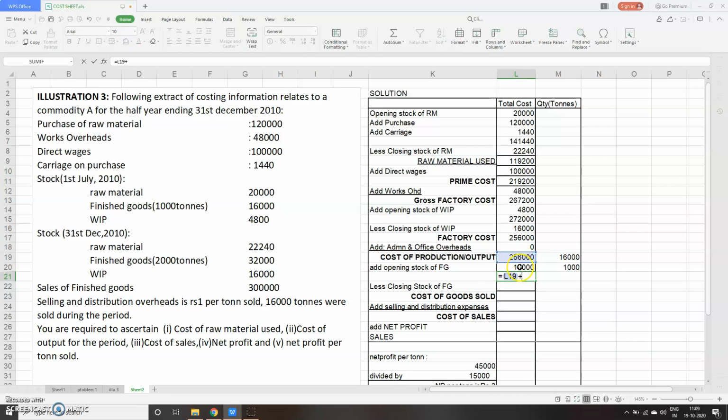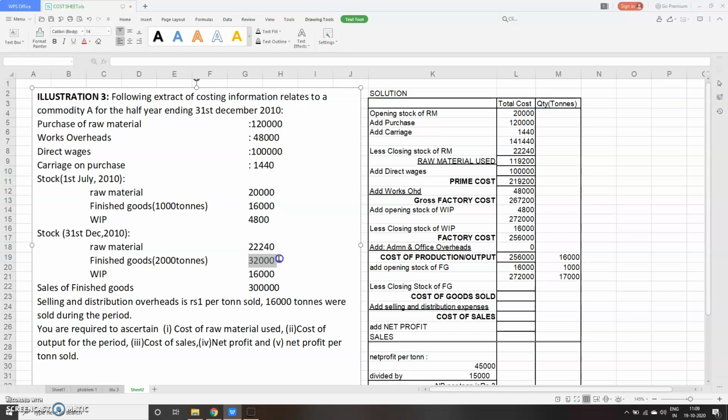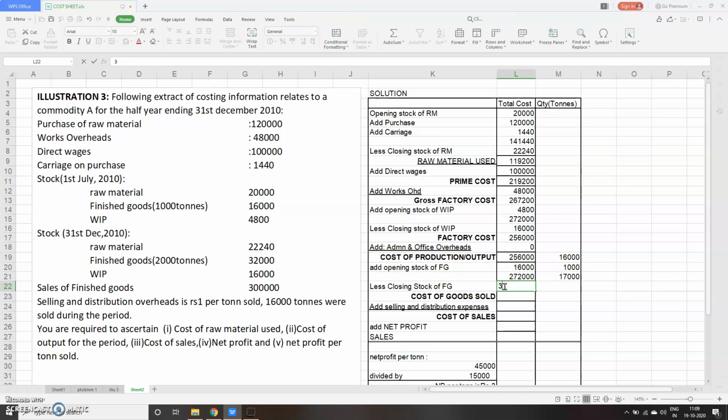Okay, then let's add it, equals to this plus this. How much? 2,72,000. 16 plus 1 is 17,000. Total 17,000 was there. Then less closing stock of finished goods. Closing stock of finished goods is 32,000 and 2,000.